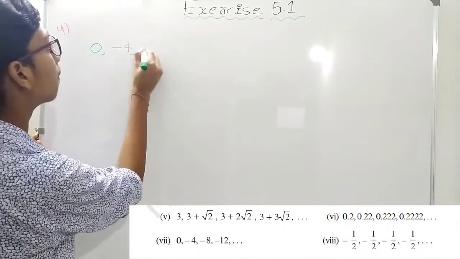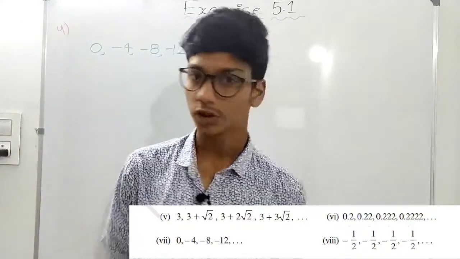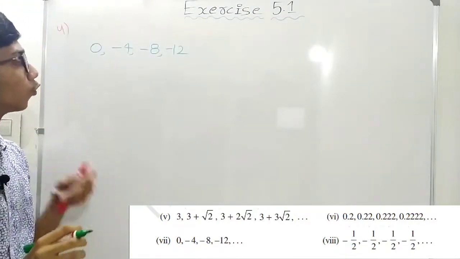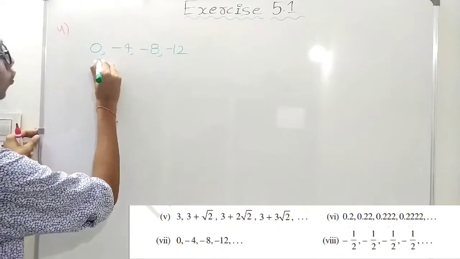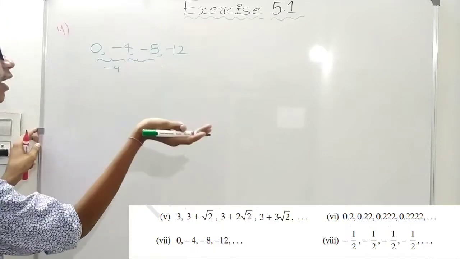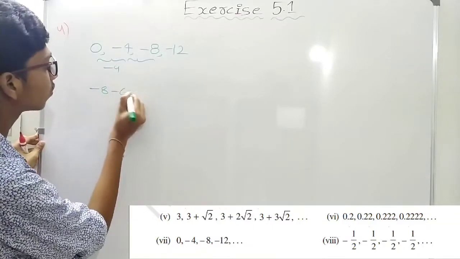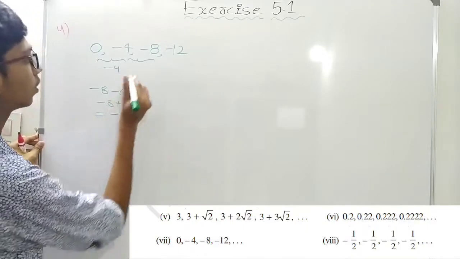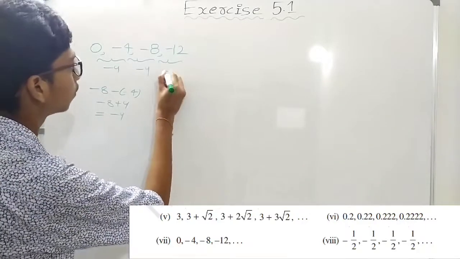To find whether this series is in arithmetic progression, again find the difference between two numbers: minus 4 minus 0 is minus 4. Minus 8 minus of minus 4, that is minus 8 plus 4, is minus 4. The difference is minus 4, and the difference between minus 12 and minus 8 is also minus 4.